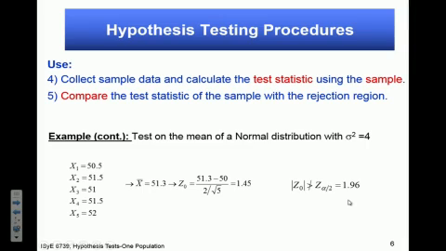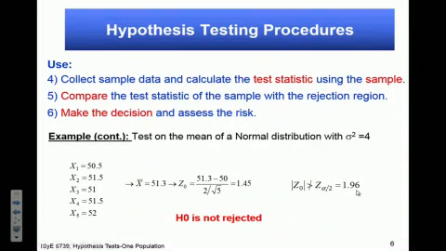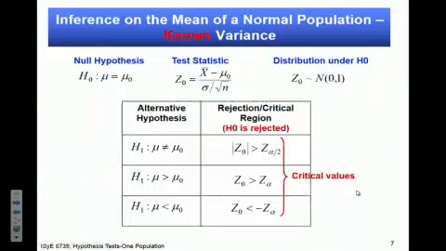In this case, 1.45 is not greater than 1.96, then we make the decision H null is not rejected, or mu is equal to 50. Or we cannot reject mu is equal to 50. Questions? Is it clear? So first we design, second we use this procedure.